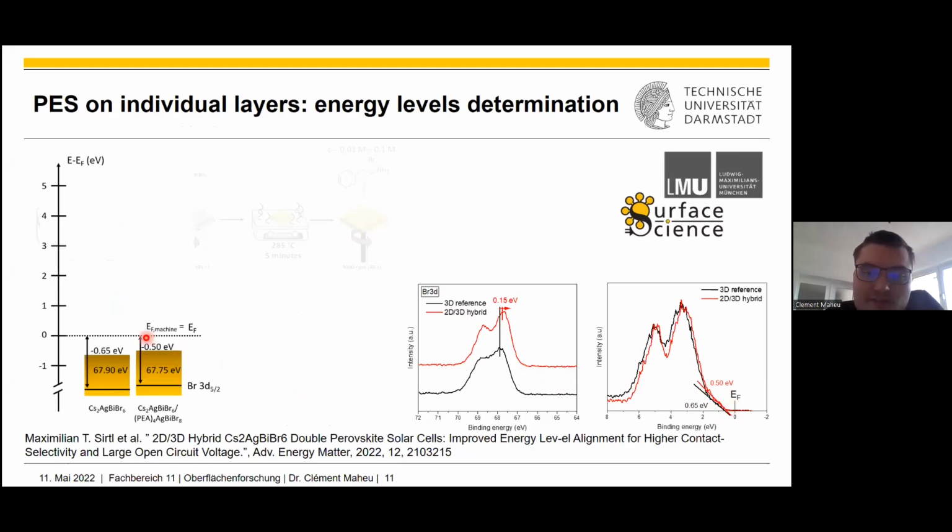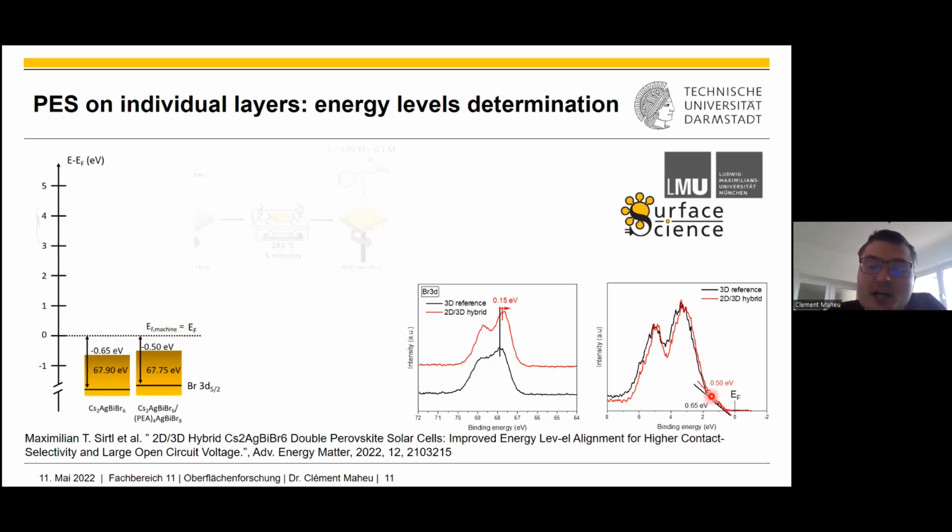Because your Fermi level here at zero binding energy is, of course, the one of your sample, but also the one of your machine, because everything is aligned, everything is in contact. So you have all your Fermi level aligned, and then you can measure everything relatively to this Fermi level.